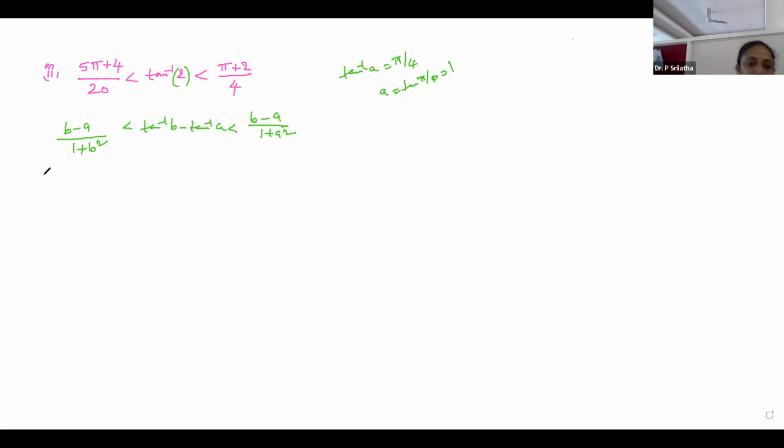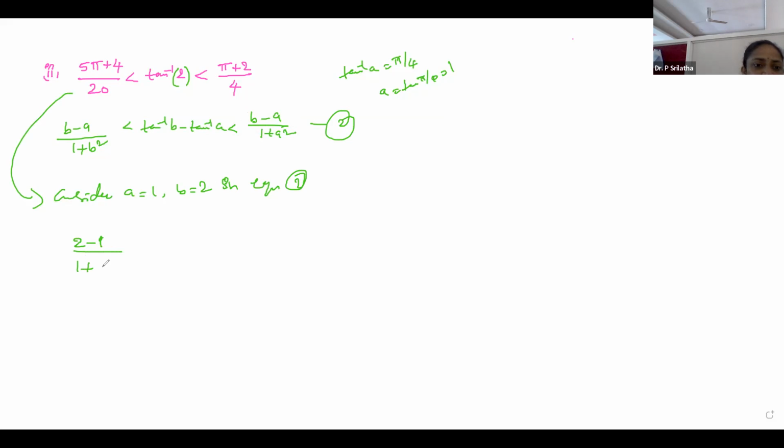Now consider A equal to 1 and B equal to 2 in equation 2. So 2 minus 1 divided by 1 plus 2 square is less than tan inverse 2 minus tan inverse 1 is less than 2 minus 1 divided by 1 plus 1 square.